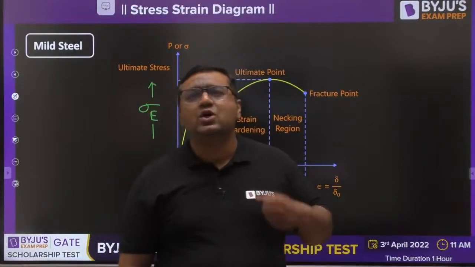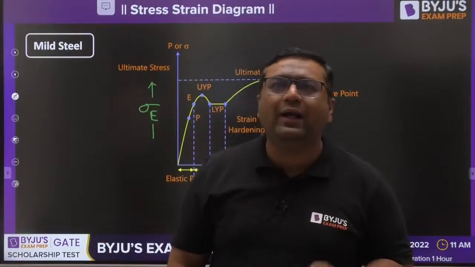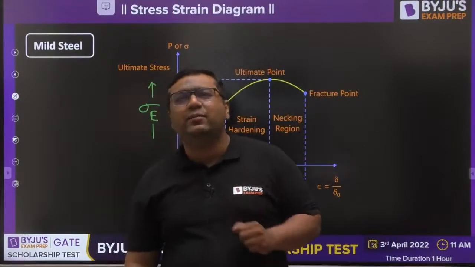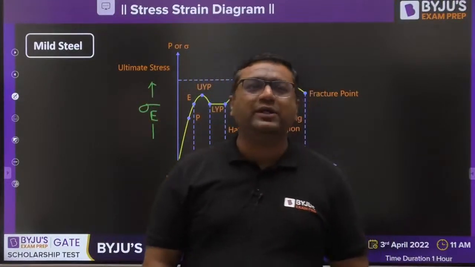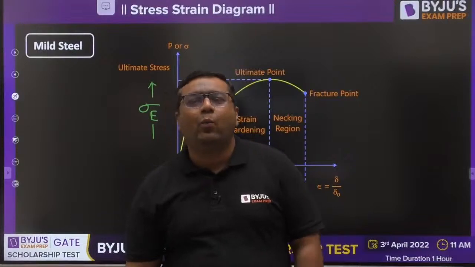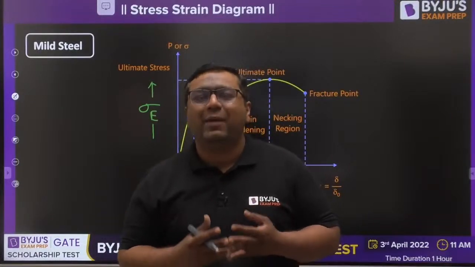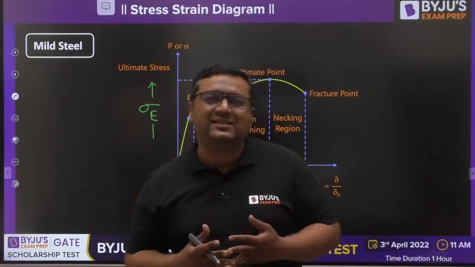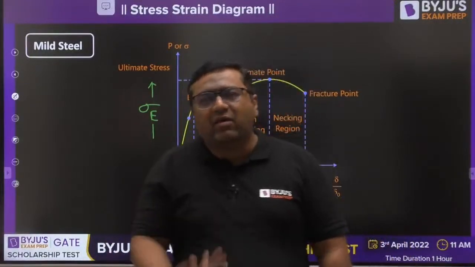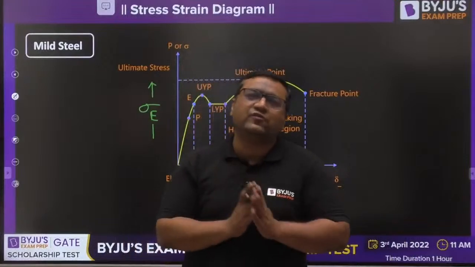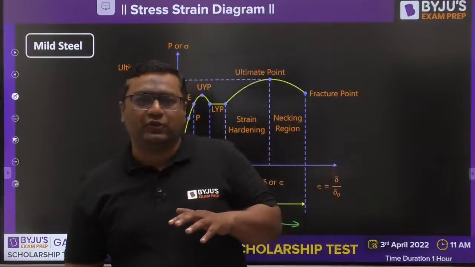So Arsalan, Sushan, Midhun, Rohan, Kiran, Lekhraj, Ranbir, if you want to give this answer, you can give. Yes, Aurangzeb. So dear, my question is why stress is kept on the y-axis and strain on the x-axis. In other words, whether stress is coming because of strain or strain because of stress.